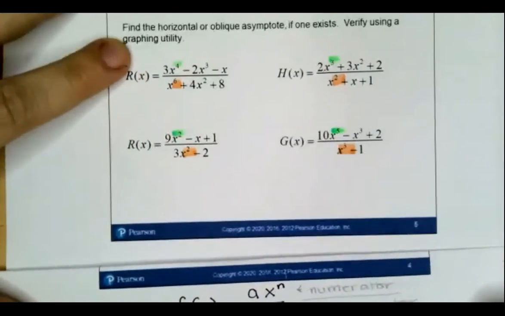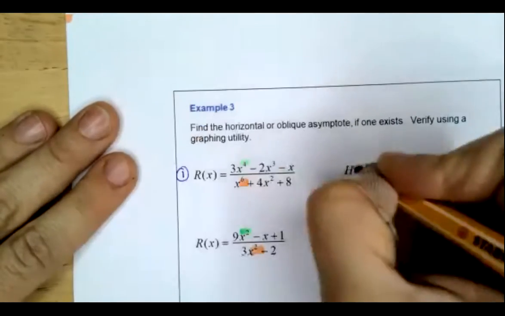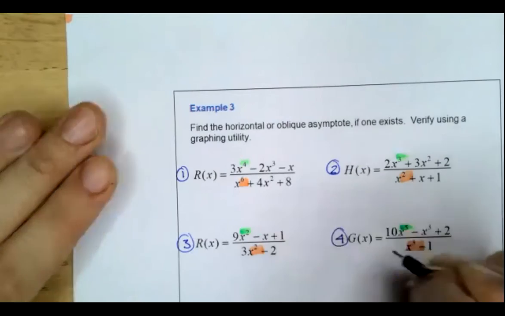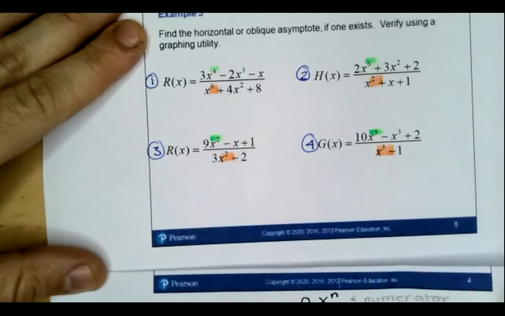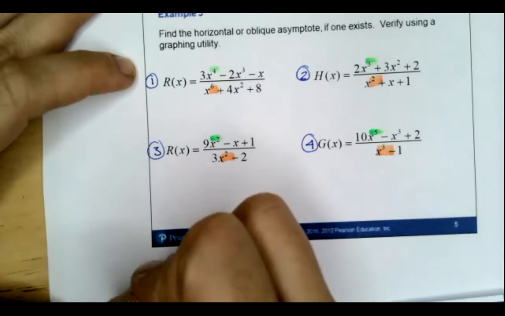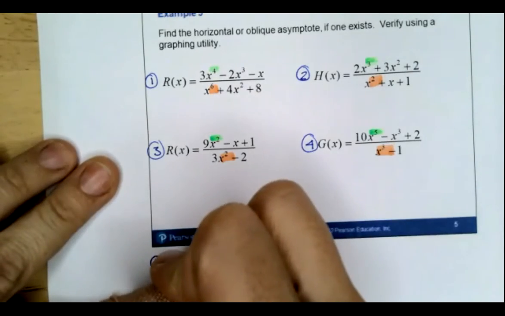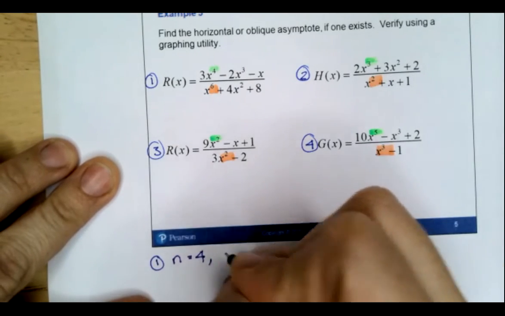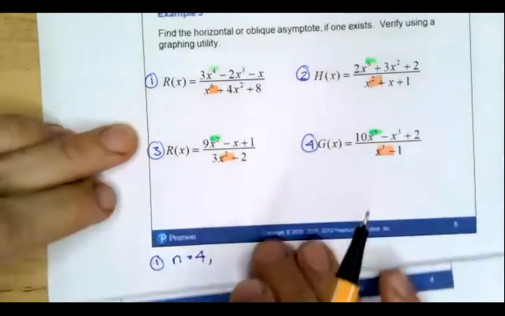All right, we have for our first example, 1, 2, 3, 4. For number 1, n is equal to 4. I call that m, maybe you called it d, but m is equal to 6.